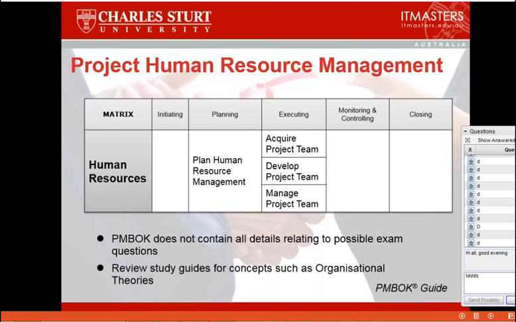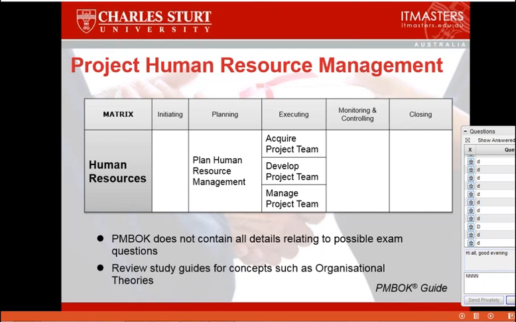We can look at the processes under human resource management. The first one is plan human resource management. Under executing, we've got acquire project team, develop project team, and manage project team. Now, somebody who has a good eye will say, hold on a second, why aren't we monitoring and controlling the activities that take place under human resource management?